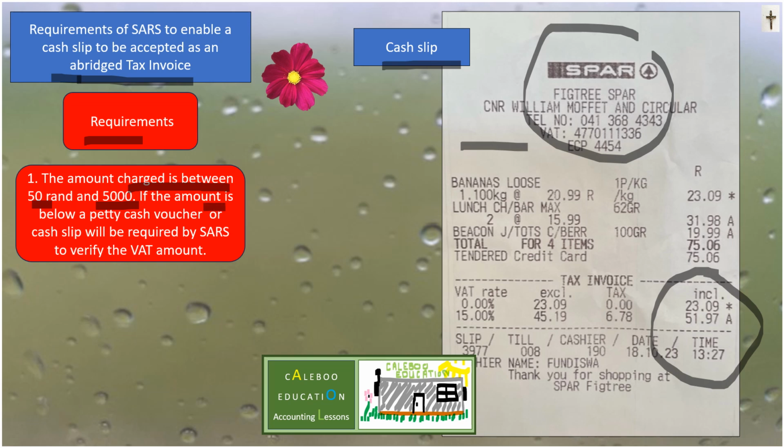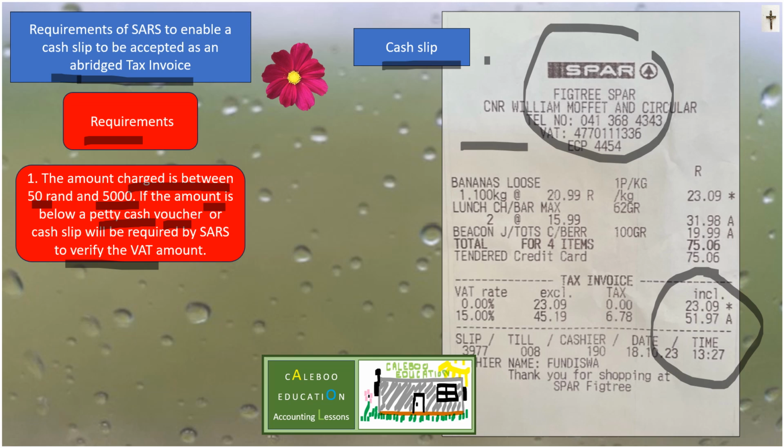If the amount is below 50 Rand, then the products would most probably be purchased with petty cash, and a petty cash voucher must be kept in order to verify the VAT amount. But is this an abridged tax invoice?